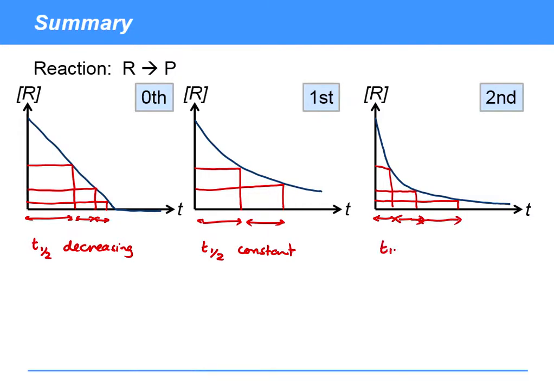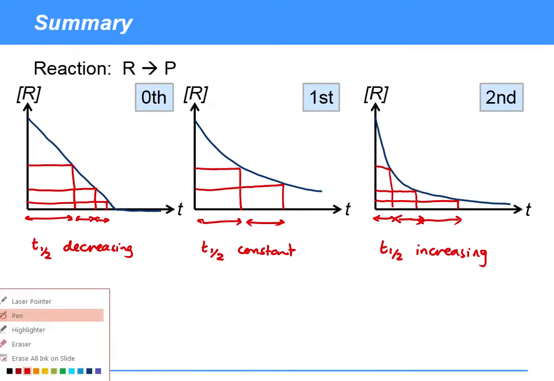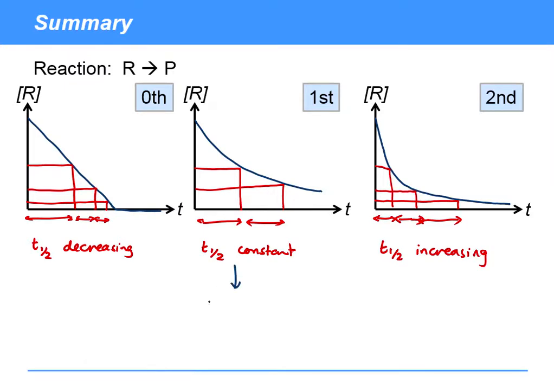So we've got t half increasing over time. So we can use this to distinguish between zeroth, first and second order reactions, and just to underscore this, most commonly used for first and second order, but we must show this with three consecutive half-lives, just like I've done in all the examples in this case.